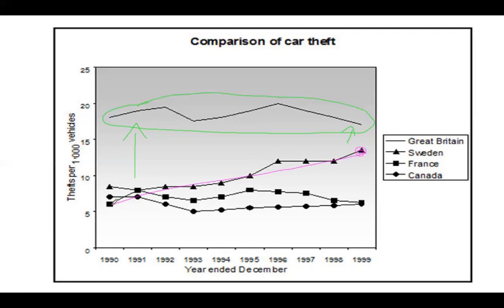So from there to there, you can see that's the highest increase. So that's another key feature. Sweden had the largest increase, approximately from 6 to 15 per thousand. So that's the second key feature. Okay, let's carry on.